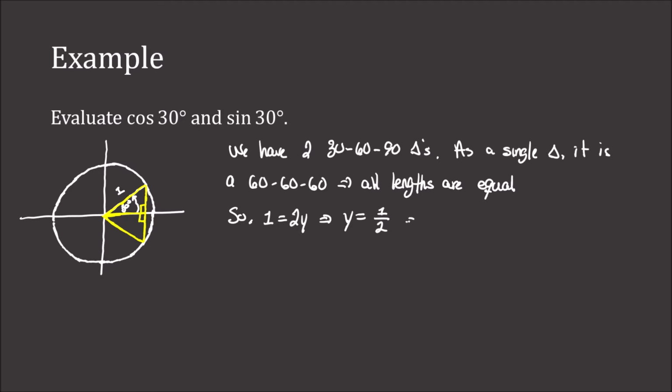This means that the sine of 30 degrees is equal to 1/2. We now use the Pythagorean identity.